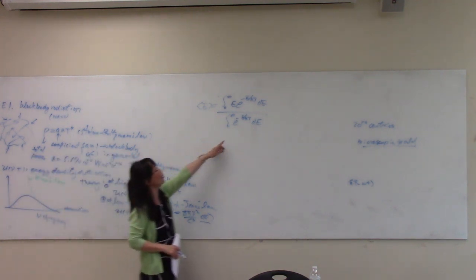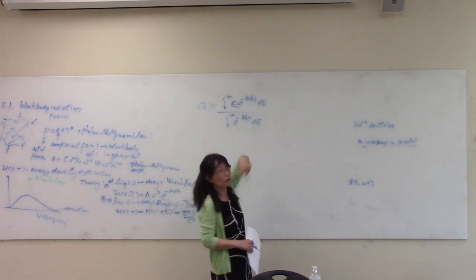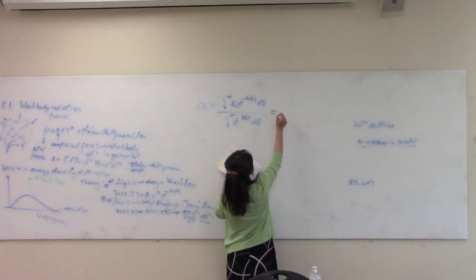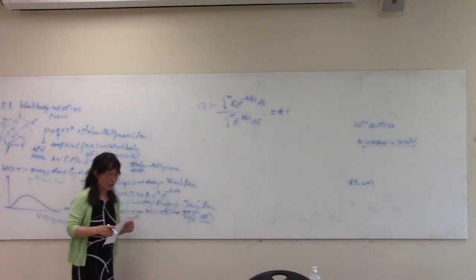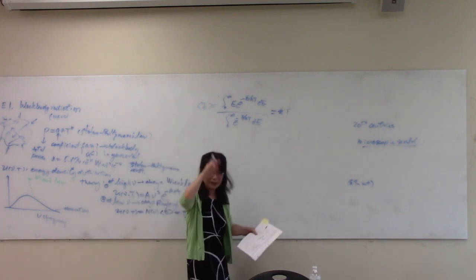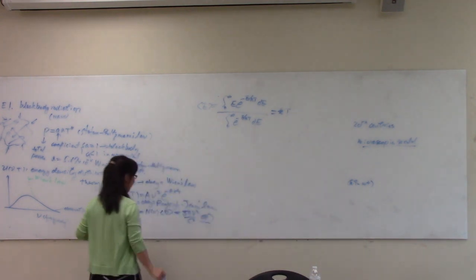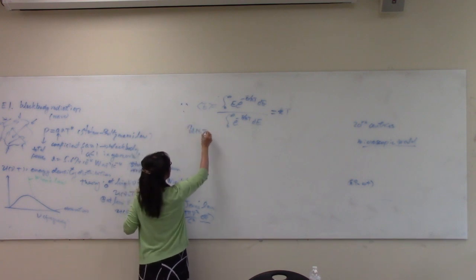You see this is a continuum, because this is classical, right? So the energy is continuous, so we can do the integral. Then the result is very simple, it will be kT, where k is the Boltzmann constant.